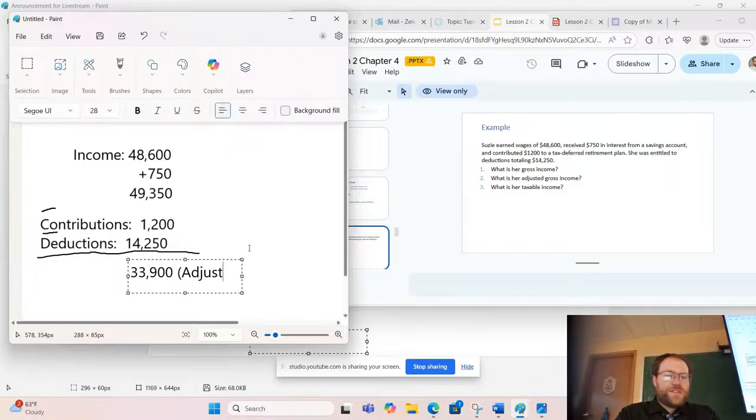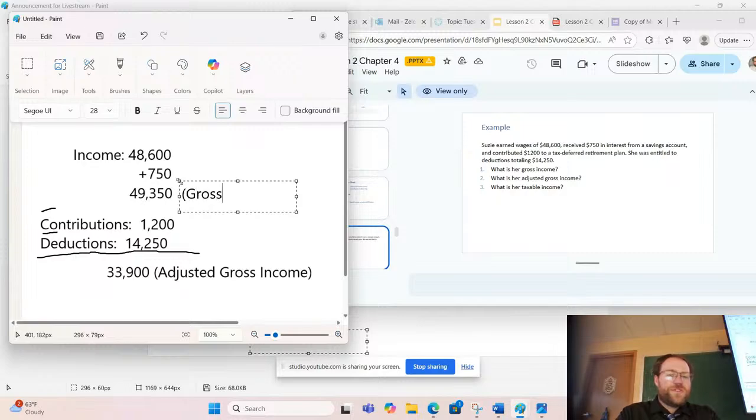So this right here is the adjusted gross income. The $49,350 is just her gross income for question 1.